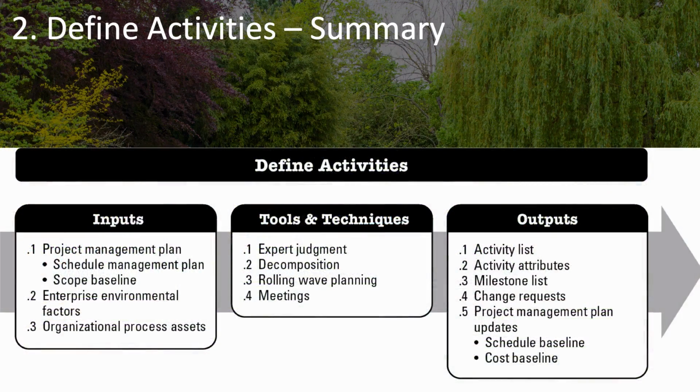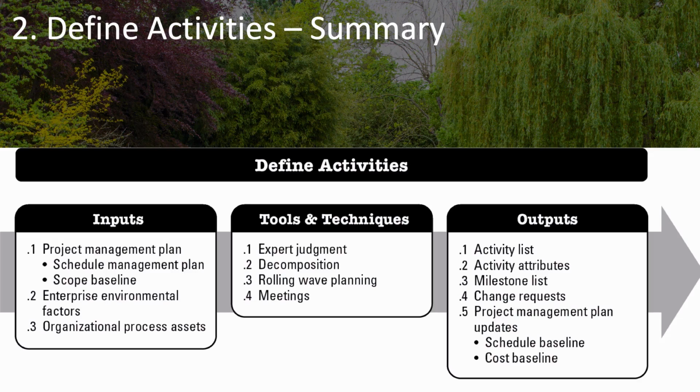Starting with outputs, the activity list, the activity attributes, and the milestone list. There are a couple here that we didn't mention. Change requests. Of course, you'll see change requests as an output from many processes, because as you go through these planning processes, especially as you're revisiting them and you already have elements of your project plan that have been baselined, in order to change those things that have been baselined, you'll need to submit a change request.